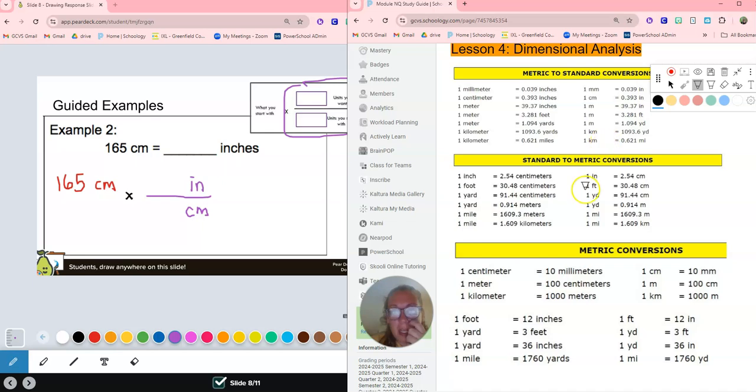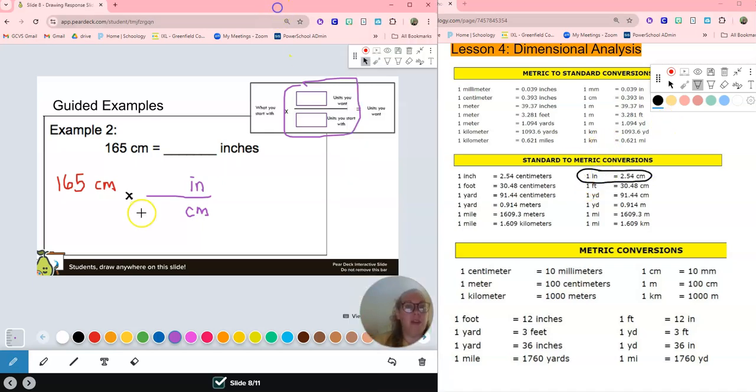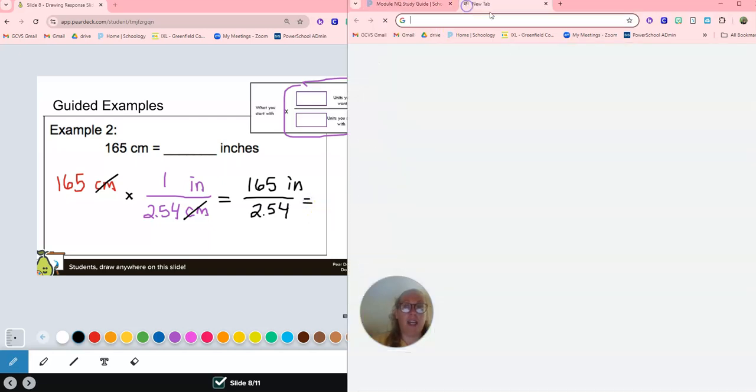So I'm going to look over here at my chart, and I'm looking for centimeters and inches. And here I see that 1 inch is the same as 2.54 centimeters. And then we're going to multiply across. Centimeters and centimeters cancel. On the top we have 165 times 1 equals 165 inches, and on the bottom we have 2.54. So now we want to do just some dividing.